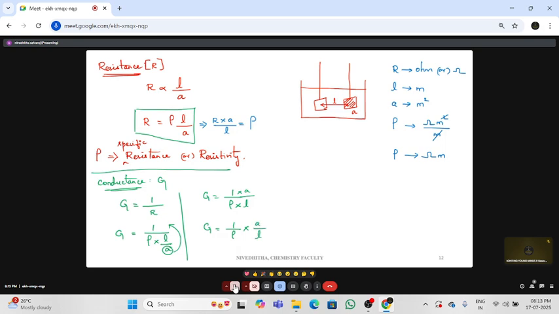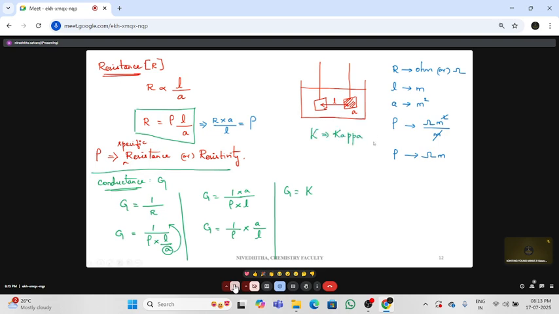Kanna, rho is the constant. So the reciprocal of a constant is going to be another constant, right? So G is equal to the new constant, which I'm going to represent with the symbol kappa. It is not K. It is called kappa.